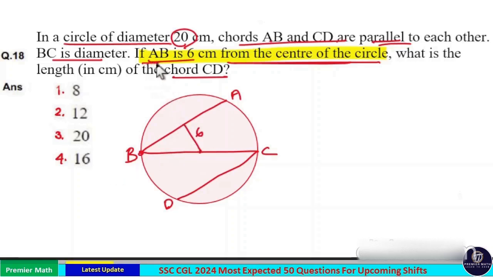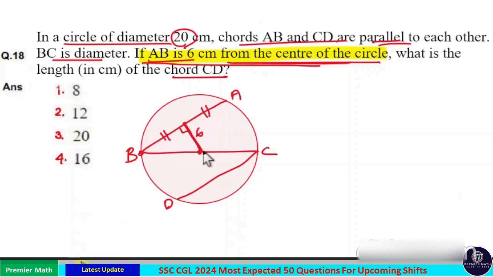When you draw the shortest distance line from the center of the circle to a chord, it will meet the chord perpendicularly and it will meet at the midpoint of the chord, which means these two lengths are equal. This is the midpoint and these two lengths are equal.